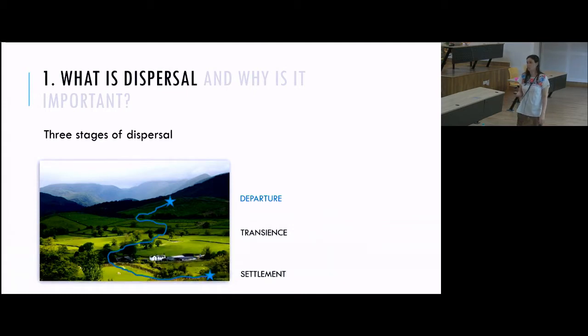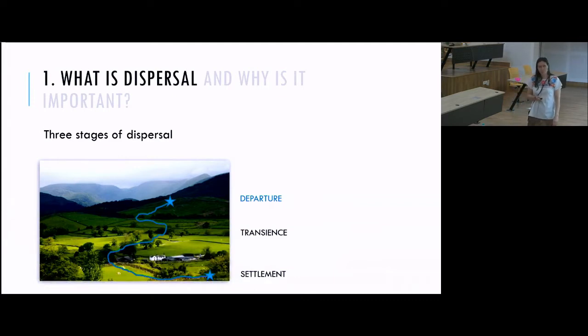So for such a movement to occur, you must have departure of some individuals from some place. You have a stage of transience where these individuals are moving across the landscape. And then you have a decision, or a decision in the broad sense. You have a stage of settlement where this movement will stop and the individual will end up in some new place.